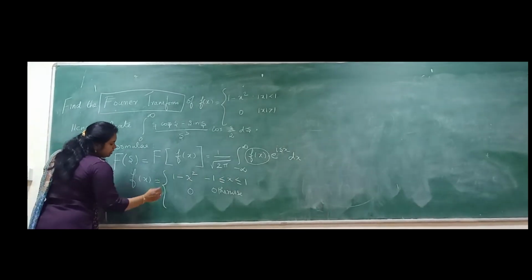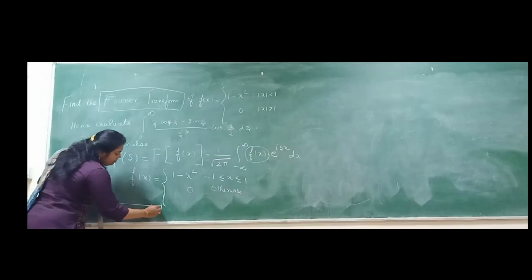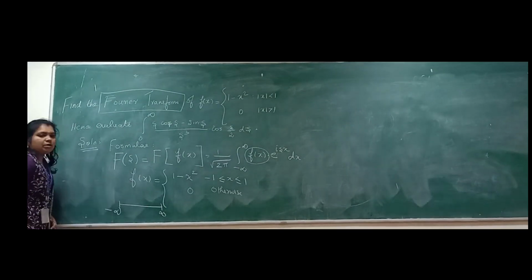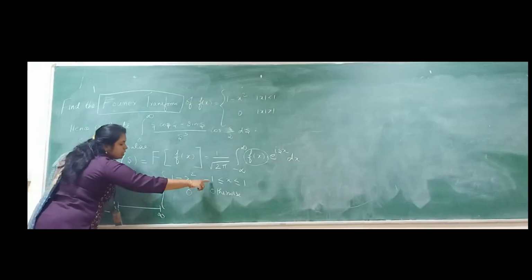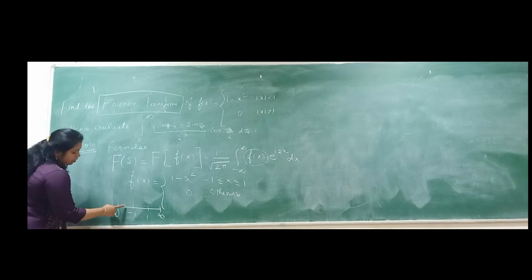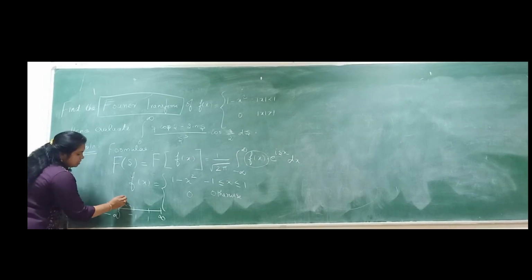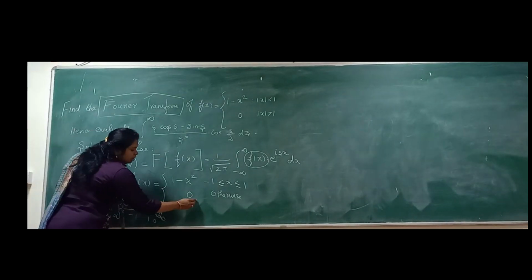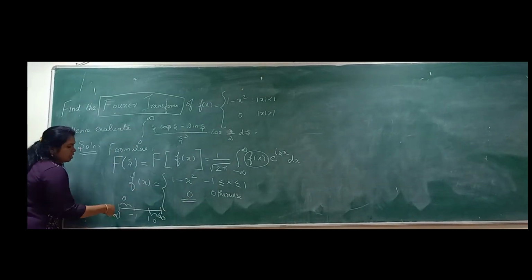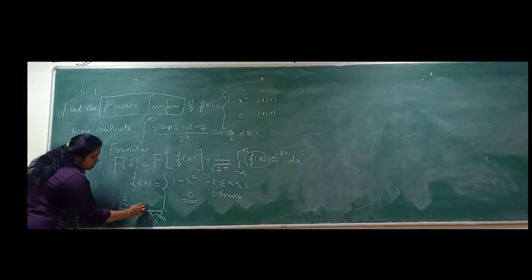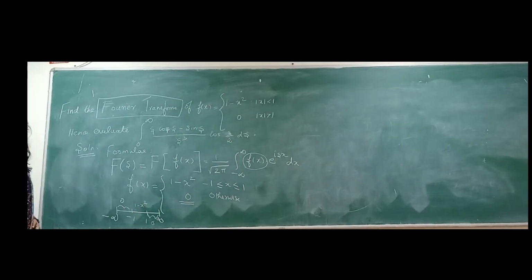The integration limits start from minus infinity to plus infinity, and in between, the limits range from minus 1 to plus 1. For all other values, the answer is 0. Here also the answer is 0, as given in the problem. For minus 1 to plus 1, the function given is 1 minus x square.